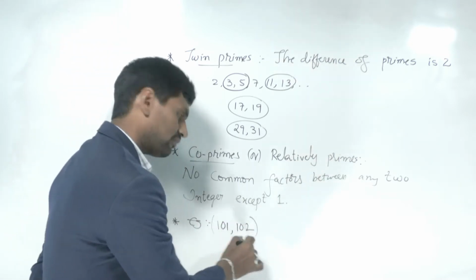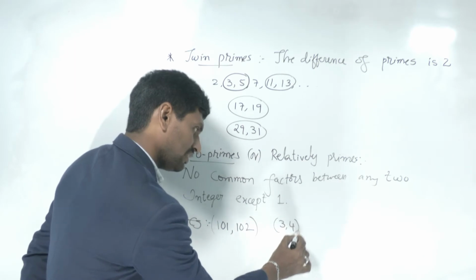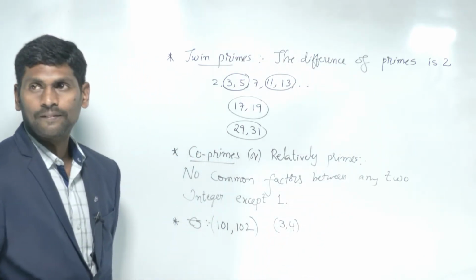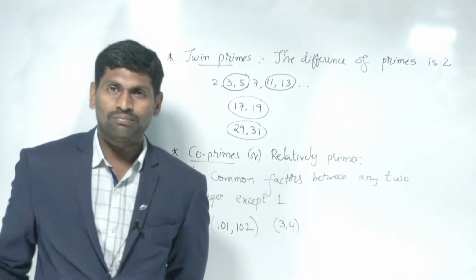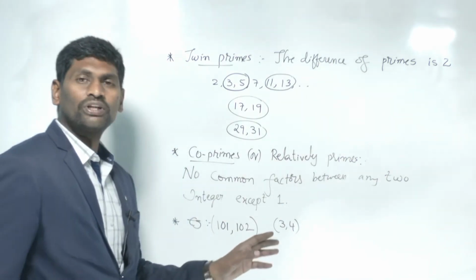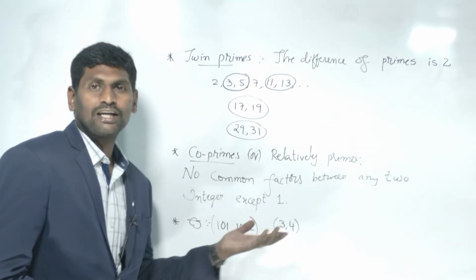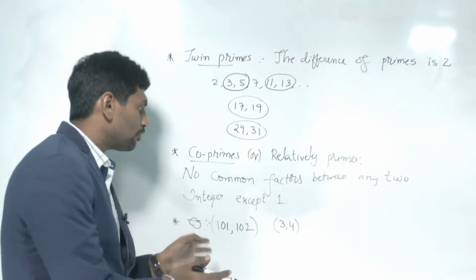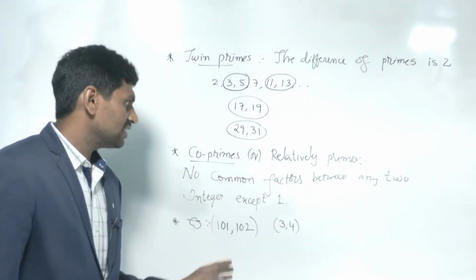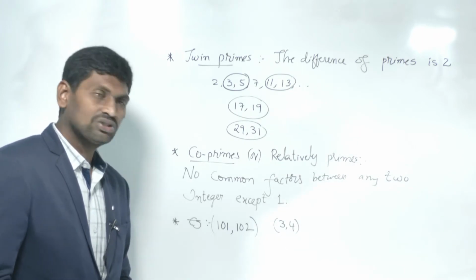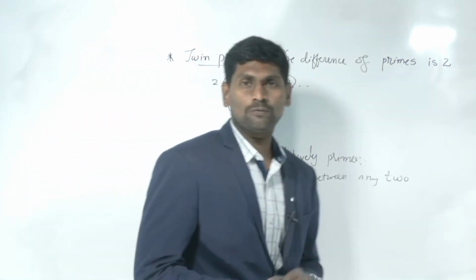These two are a pair of co-primes. 3 and 4 are also a pair of co-primes. If you take any two consecutive numbers, we can take them as co-primes because they have only 1 as the common factor. There is no other common factor between the two numbers. Okay? So, twin primes and co-primes.